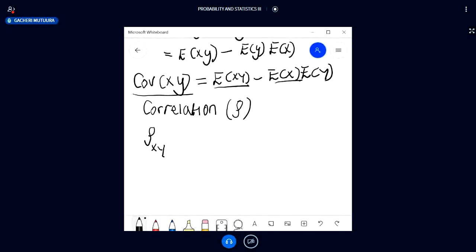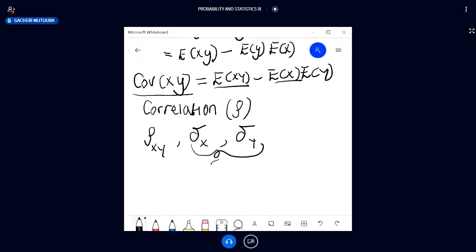So assuming that x and y are random variables with, of course, joint distribution function fxy and covariance cov xy, we can get the standard deviation of x, let's call it sigma x, and the standard deviation of y, call it sigma y.